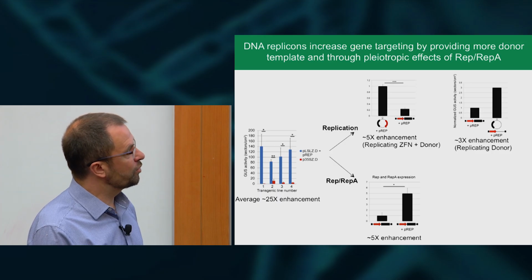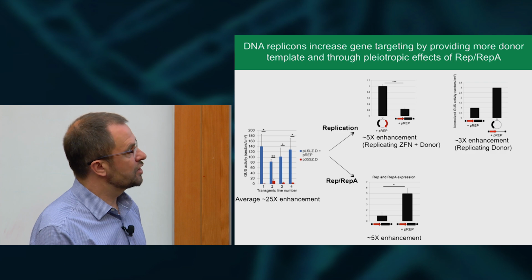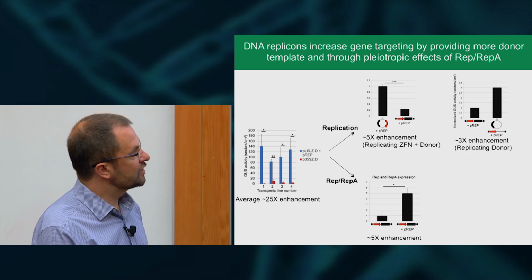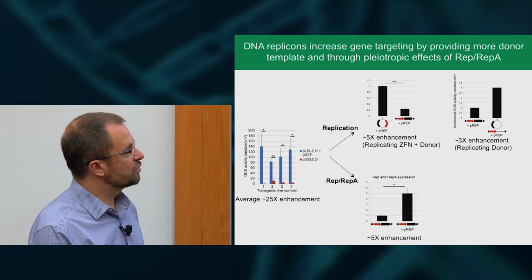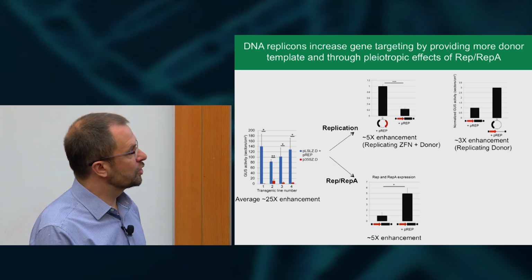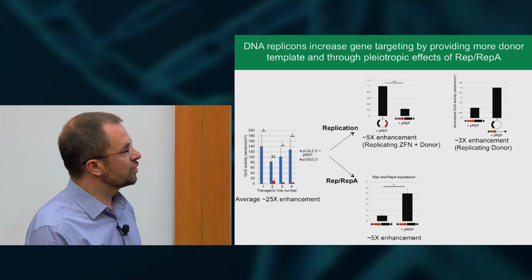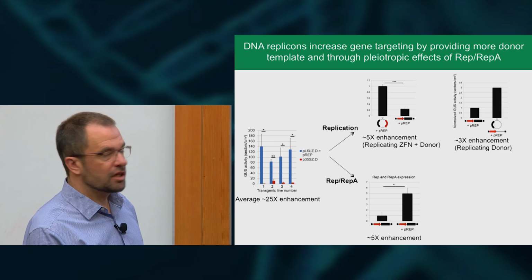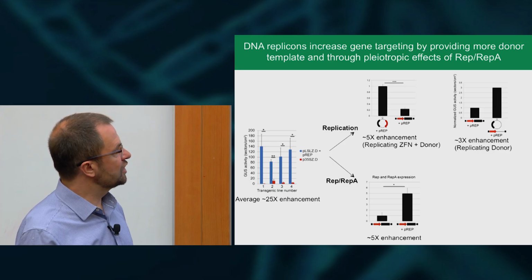In this case, we're only replicating the donor, so the nuclease is not getting amplified. And we can still see that significant enhancement. So it's mostly the donor, the replicon's ability to make a lot of donor, that allows for this increase in gene targeting.